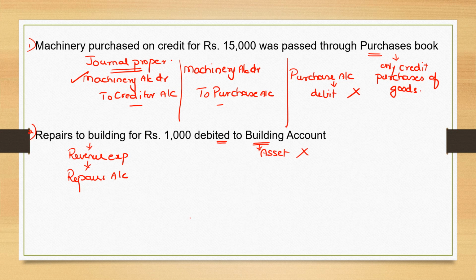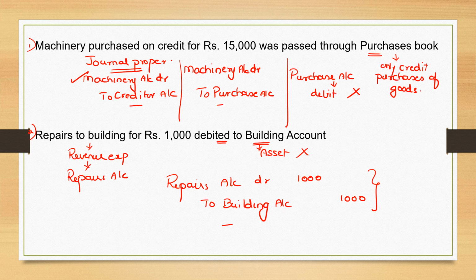So to rectify it, what are we supposed to do? We are supposed to debit the repairs account with 1000 and credit the building account which was wrongly debited. By passing this entry, we are going to be rectifying the error made.